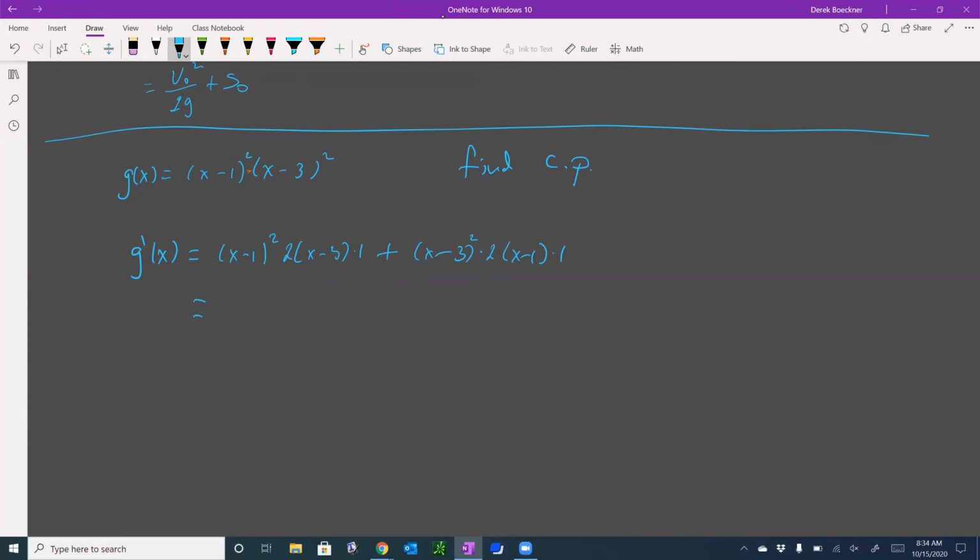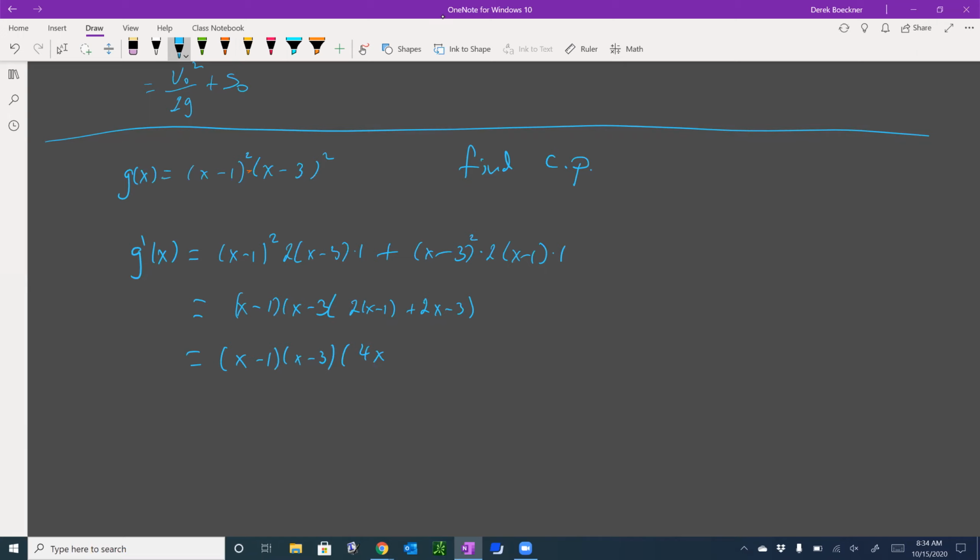So this looks like, well, it looks like I can factor out an x minus 1 times an x minus 3. And then what's left over in the first bit is a 2x minus 1. And what's left over in the second bit is a 2x minus 3.